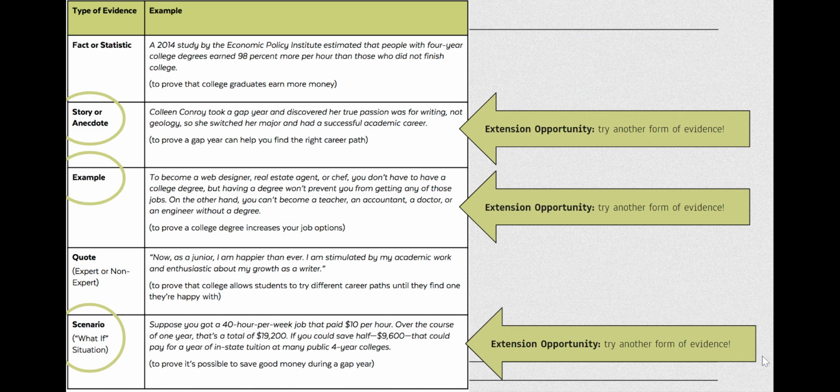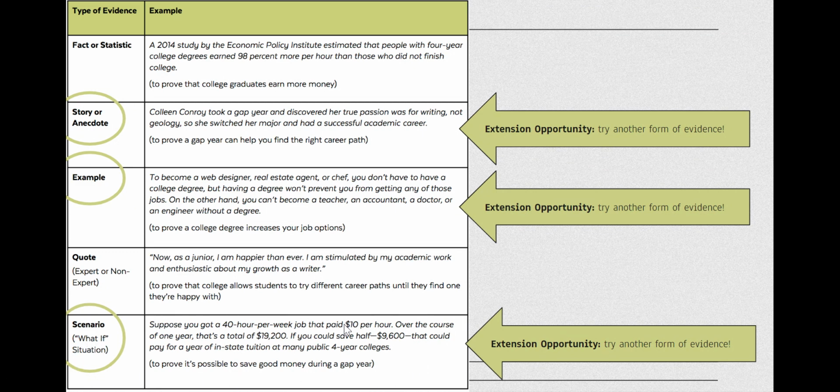If you're someone who's like, you know what, Miss Ulea, I know how to quote statistics and facts, I know how to quote stories and testimonies and evidence, take a look here on this screen to see if there's anything that you could extend yourself towards. For example, you could try coming up with a scenario.